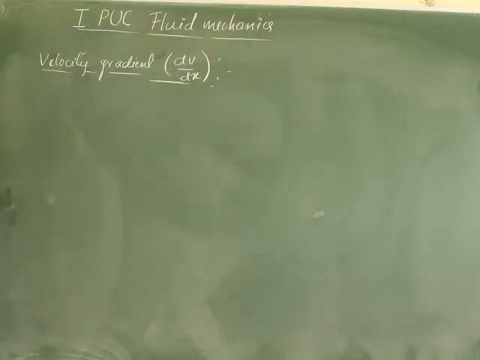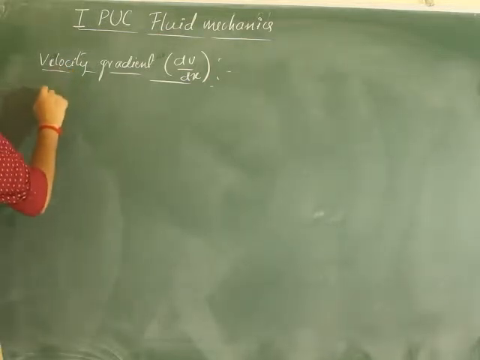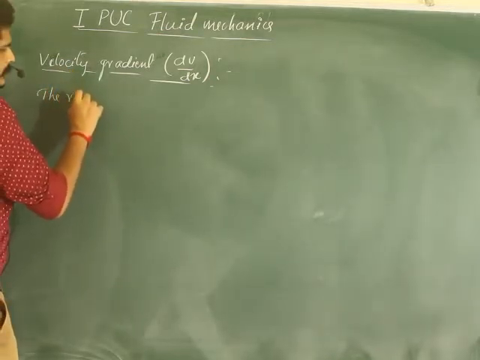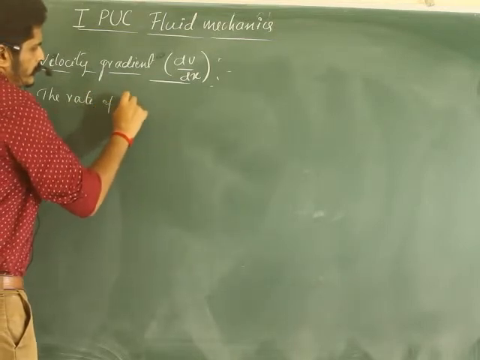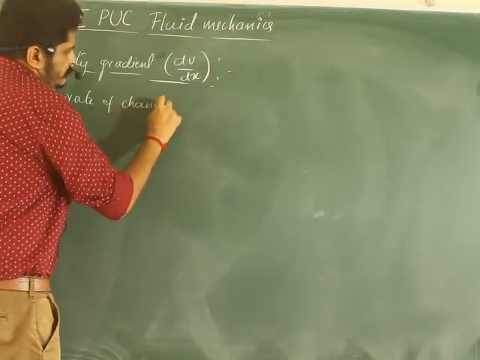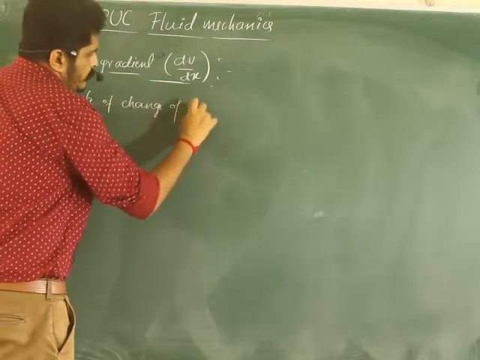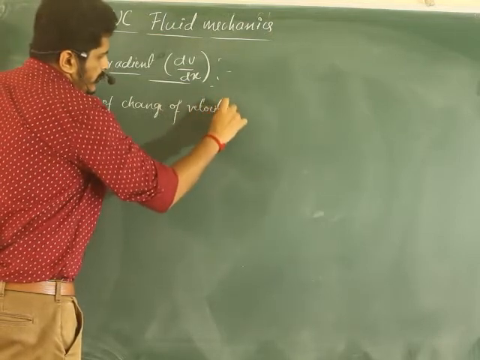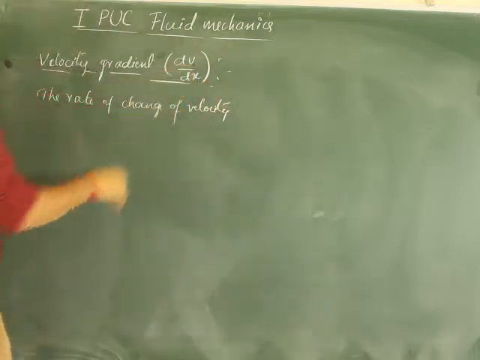So what is velocity gradient? I will write down the definition: the rate of change of velocity with distance. Velocity means v. What is dv?